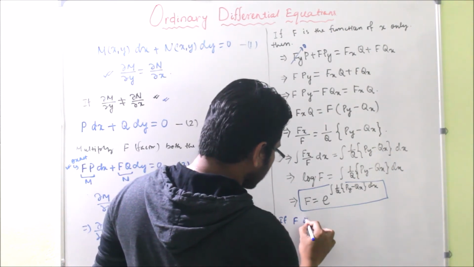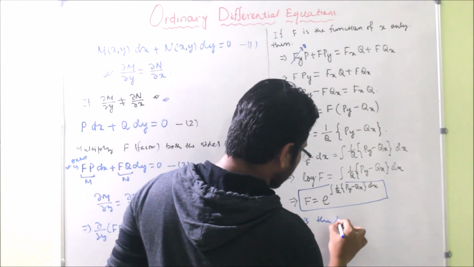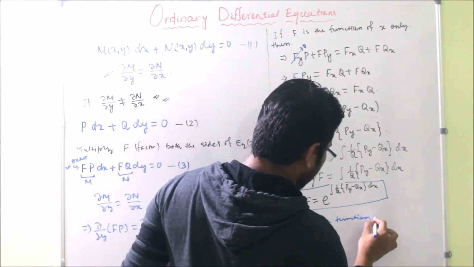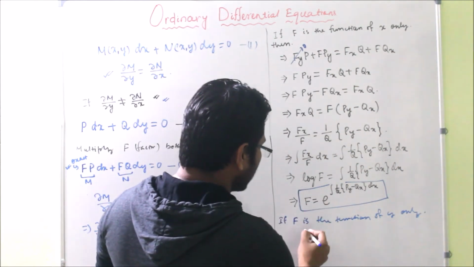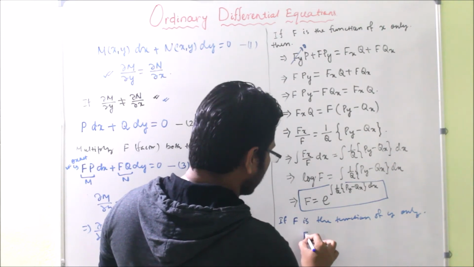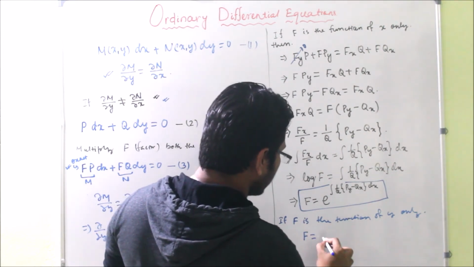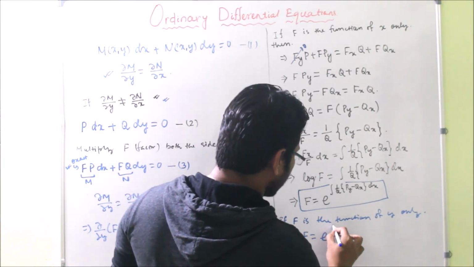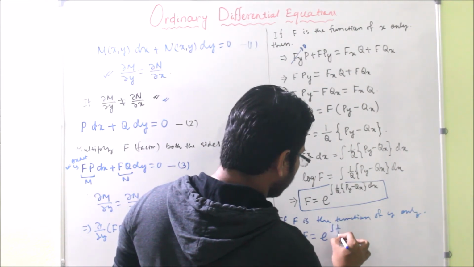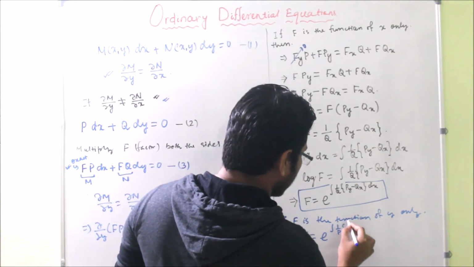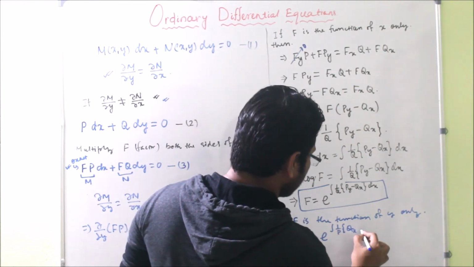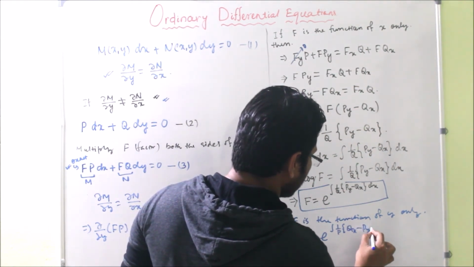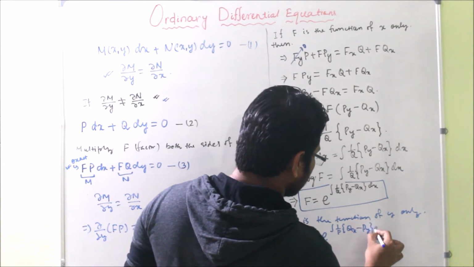If f is the function of y only, then the factor will change. Only the factor will change. So f will be e to the power integration of 1 by P times, and inside the bracket it will be Q_x minus P_y, into dy.